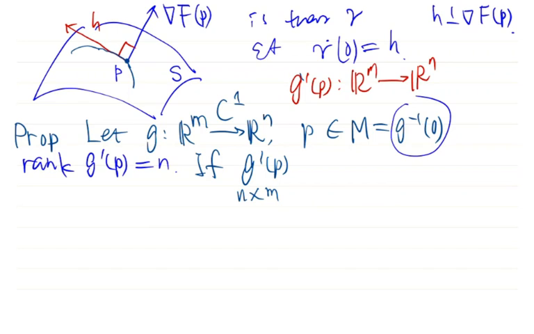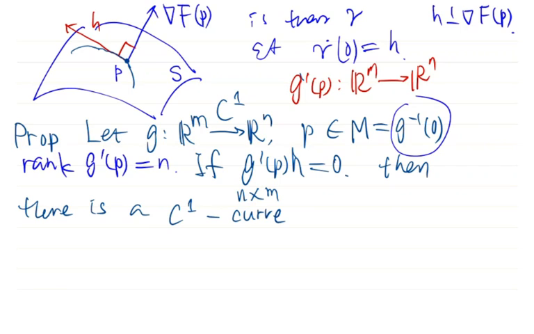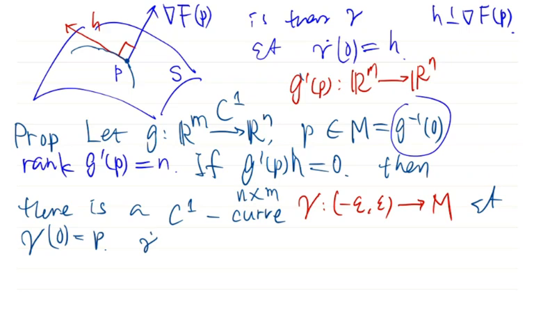So if a vector H in R^m, acted on by this linear map, gives 0, then the conclusion is that there is a continuously differentiable curve gamma, defined in a small interval around 0 and taking values in our set M, such that gamma(0) is the point P, and the tangent vector of the curve at P, that is the derivative of gamma at 0, is precisely our H here.